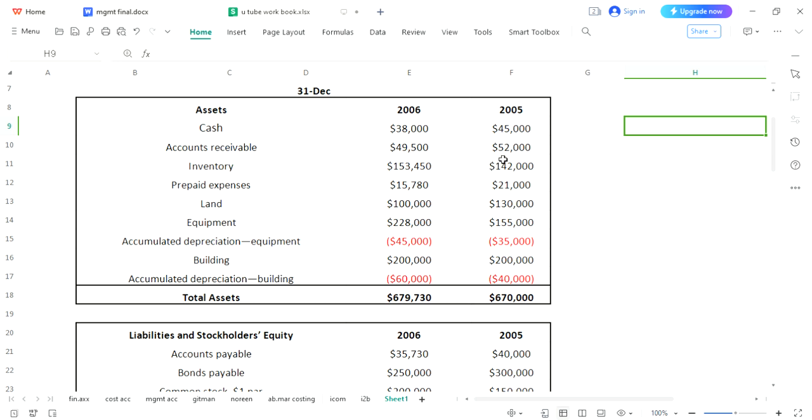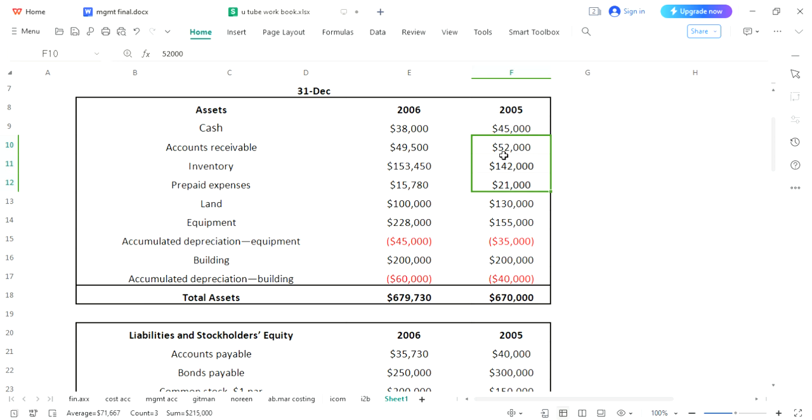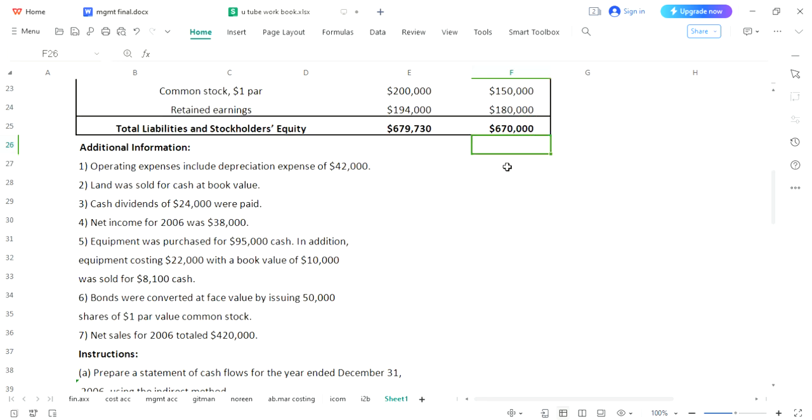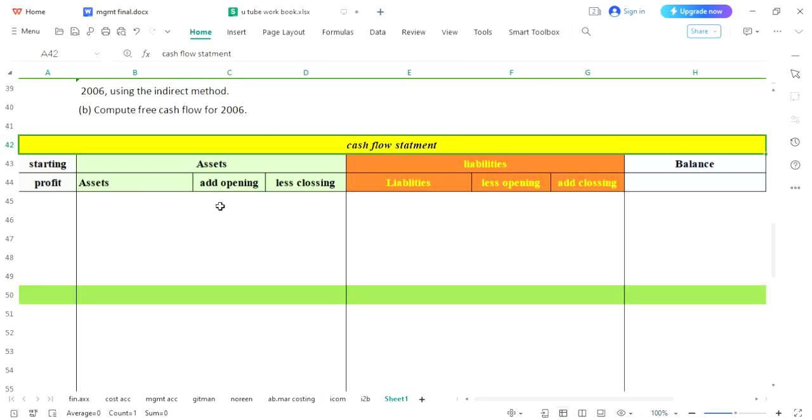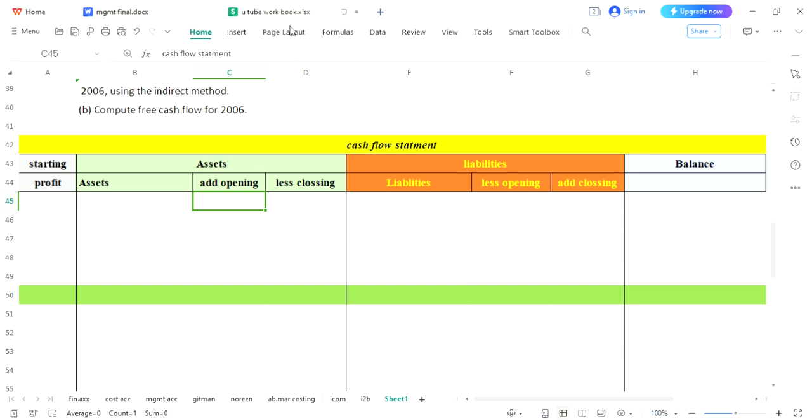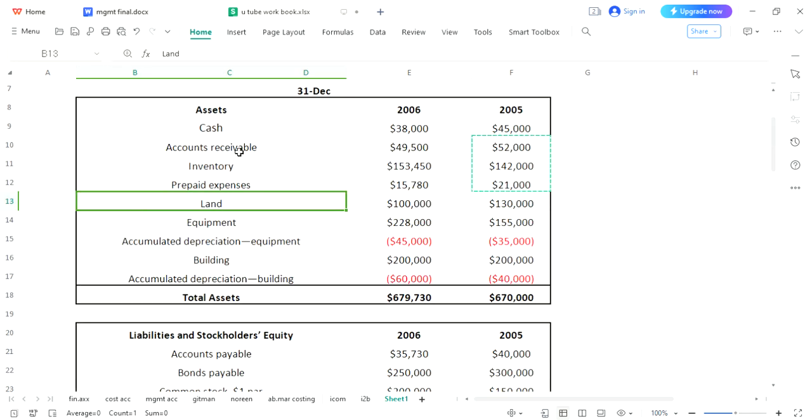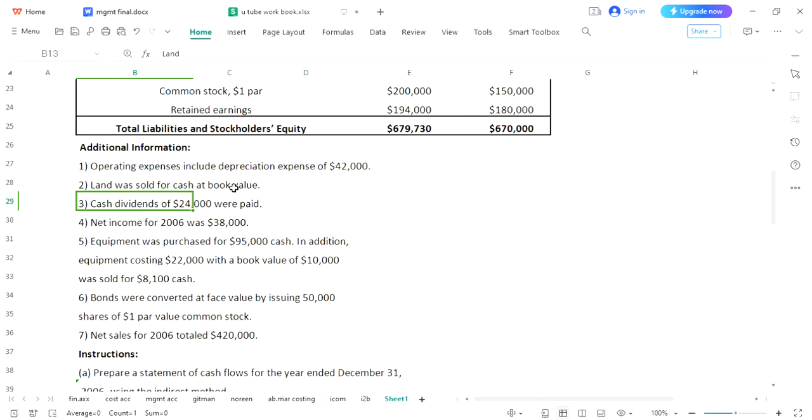First we will take the amount. Look at here, these are three opening assets. So I am taking it directly. Here we have our opening assets and I'm posting amounts over here. Clear? So what we have done, we have three assets: account receivable, inventory and prepaid.